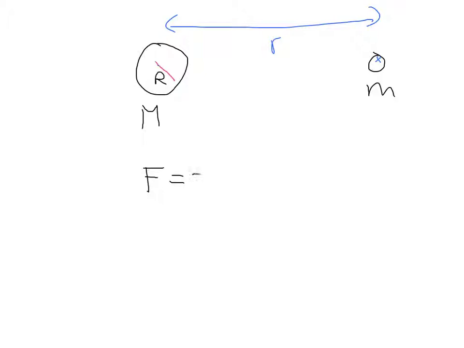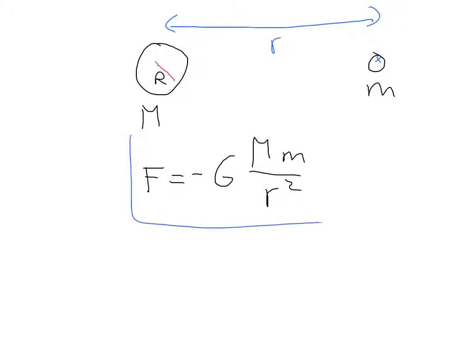So a minus, because remember the force is attractive, minus G big M small m divided by r squared. Some people include the minus, some people don't. That depends on whether you're using the vector expression or not. Anyway, so that was Newton's law of gravitation. It tells us the force between these two guys.